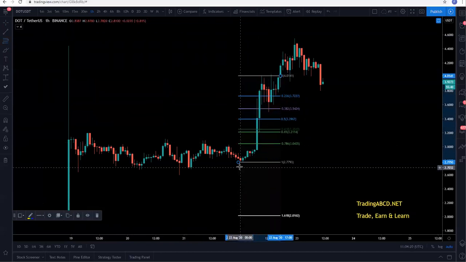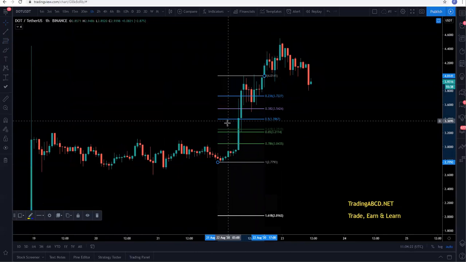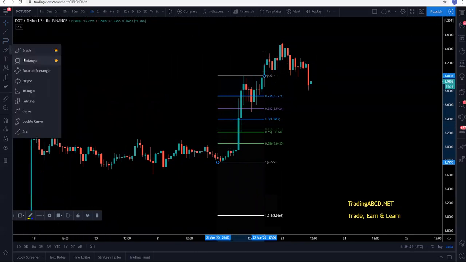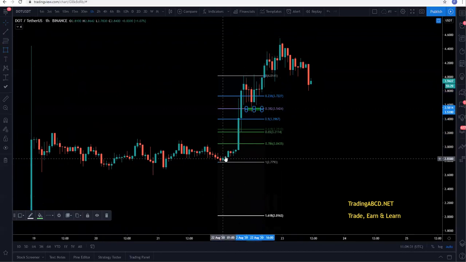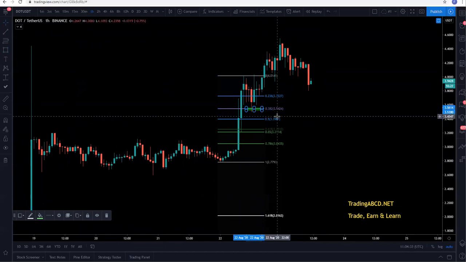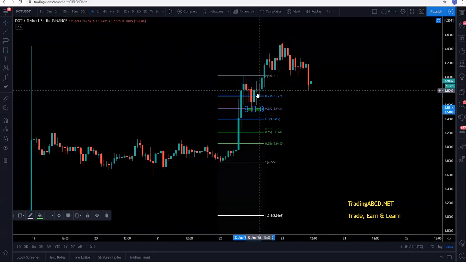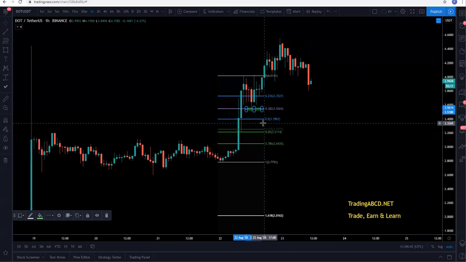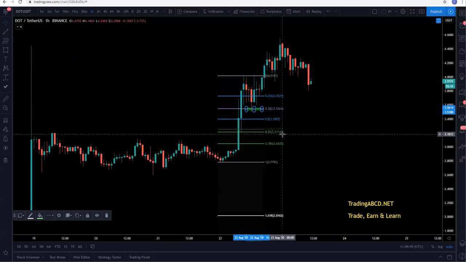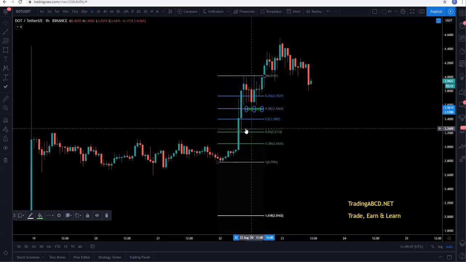When we have a strong move, 38.2 is the first level to look at. You need to ignore the 23.6 and focus on 38.2. On larger time frames or larger corrections, you can consider 0.5, which is a non-standard Fib, and the most important, as usual, is the golden pocket.